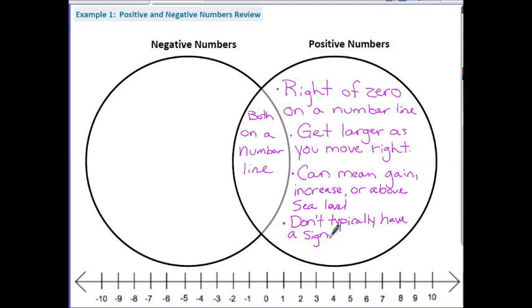And the last thing I want to note here is that positives each have an opposite number that is negative. You'll notice here the opposite of -2 is +2. So these are simply the opposite of negatives.